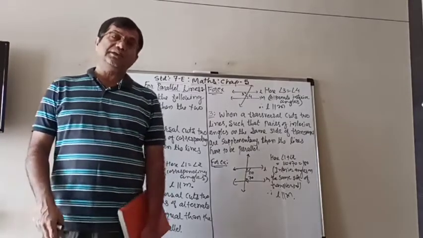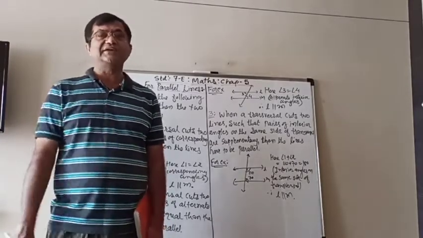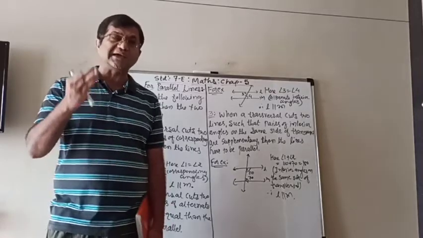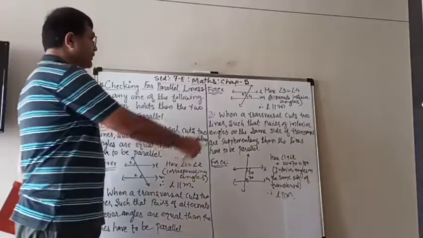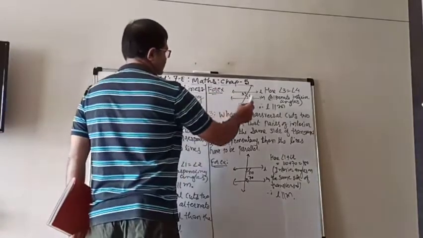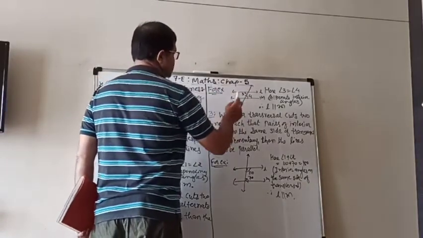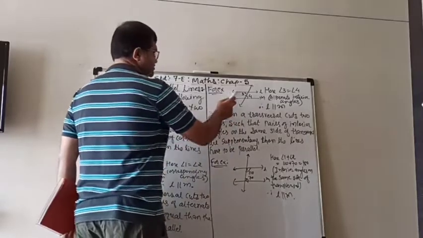If they are equal, then definitely we can say that the two lines are parallel. For example, I draw the figure here and show that angle 3 is equal to angle 4, which is making a Z.